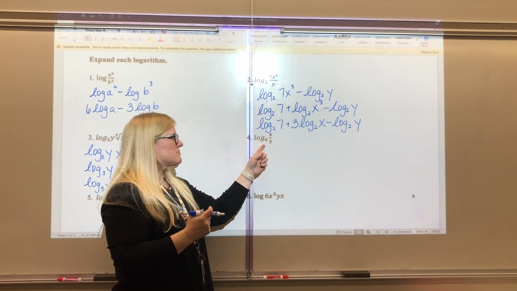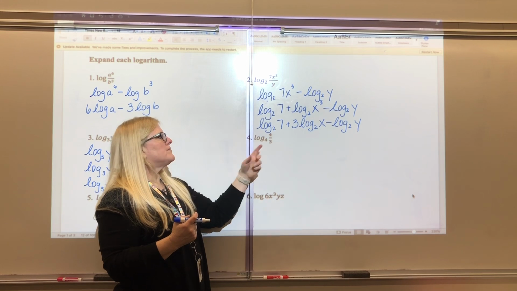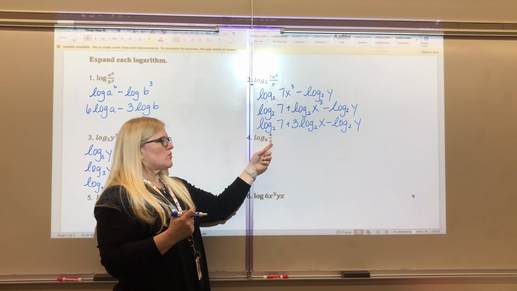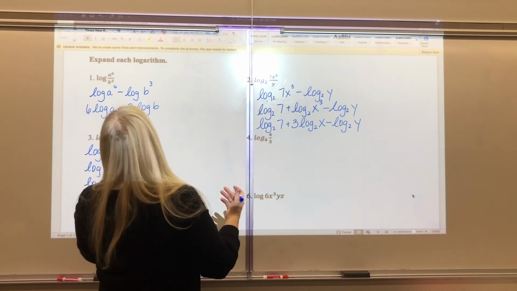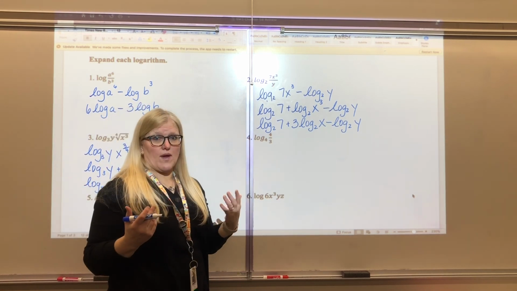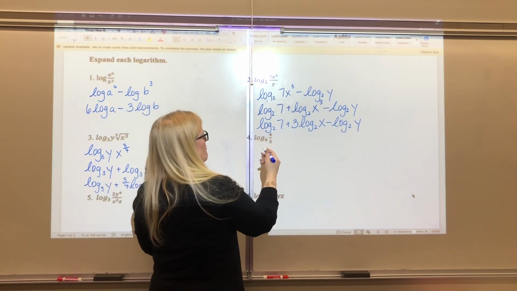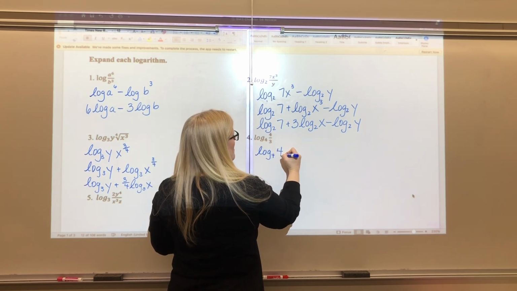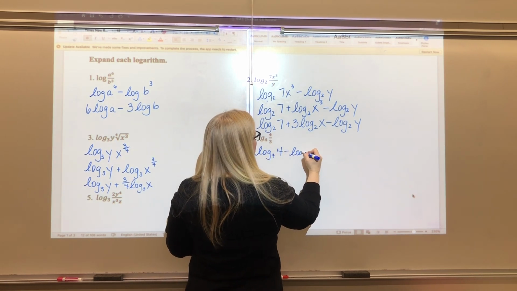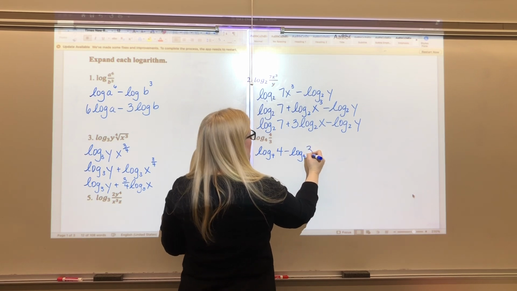Okay, number 4. Again, we're taking the log of something that's being divided, so we're going to subtract again. Boy, I was going to say they've all been that way, but we've got 3 so far. Log base 4 of 4 minus log base 4 of 3.